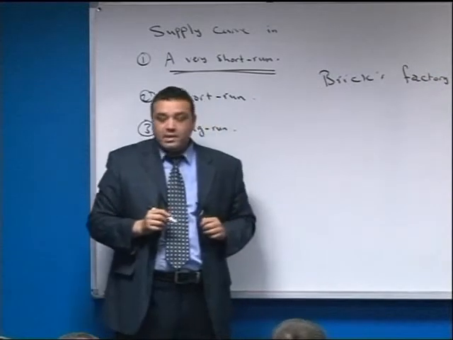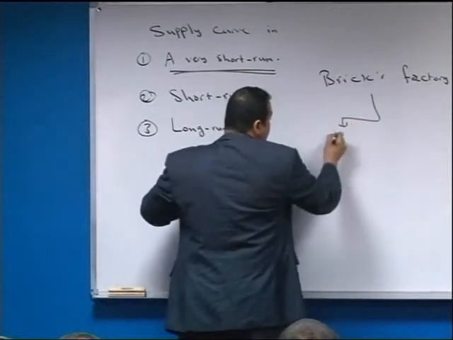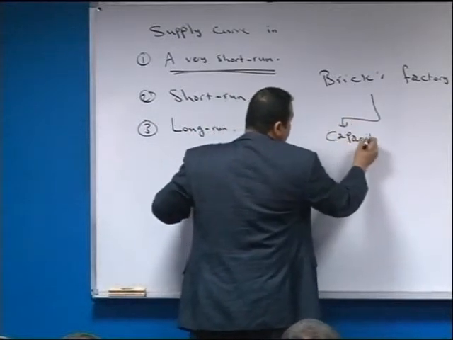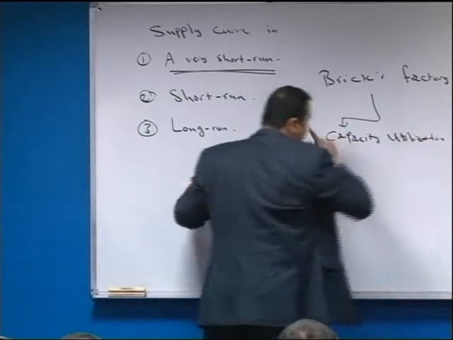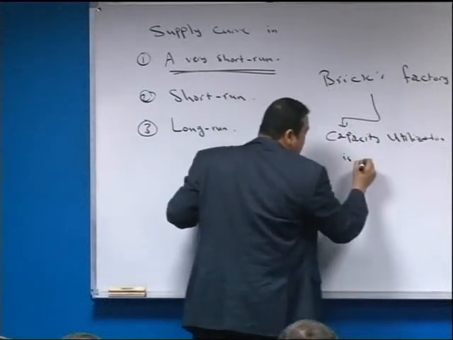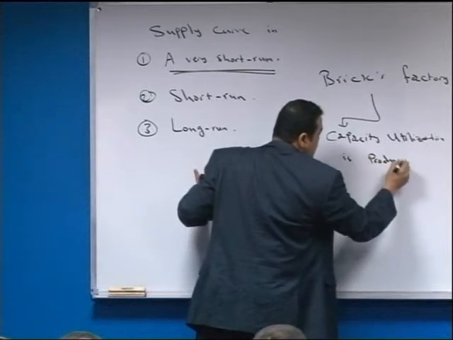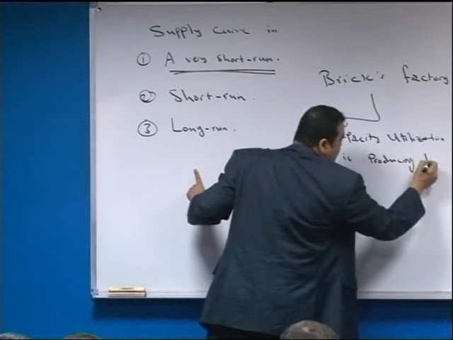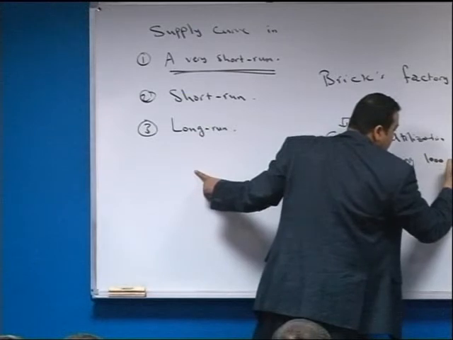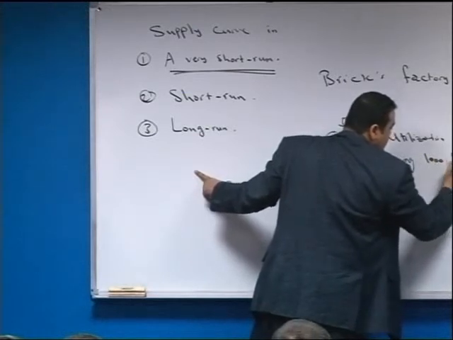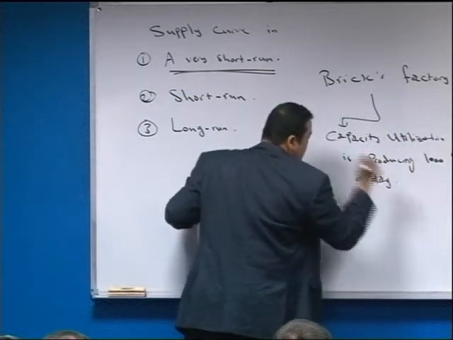The maximum capacity, or the capacity utilization, equals producing 1,000 bricks a day. Okay?